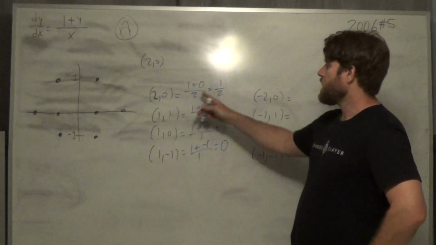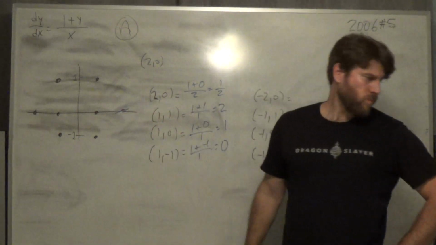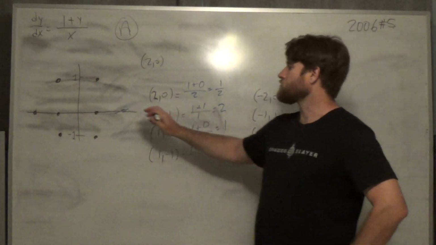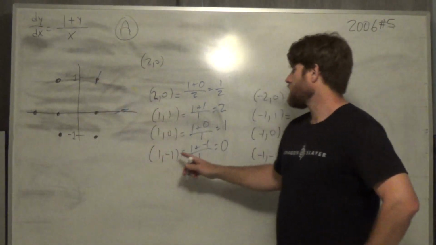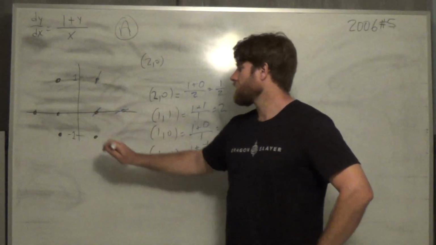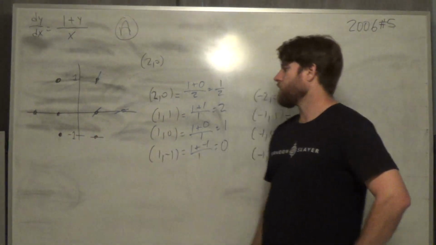Alright, so at 2, 0, I have a slope of 1/2. At 1, 1, I have a slope of 2. At 1, 0, I have a slope of 1. And at 1, -1, I have a slope of 0.